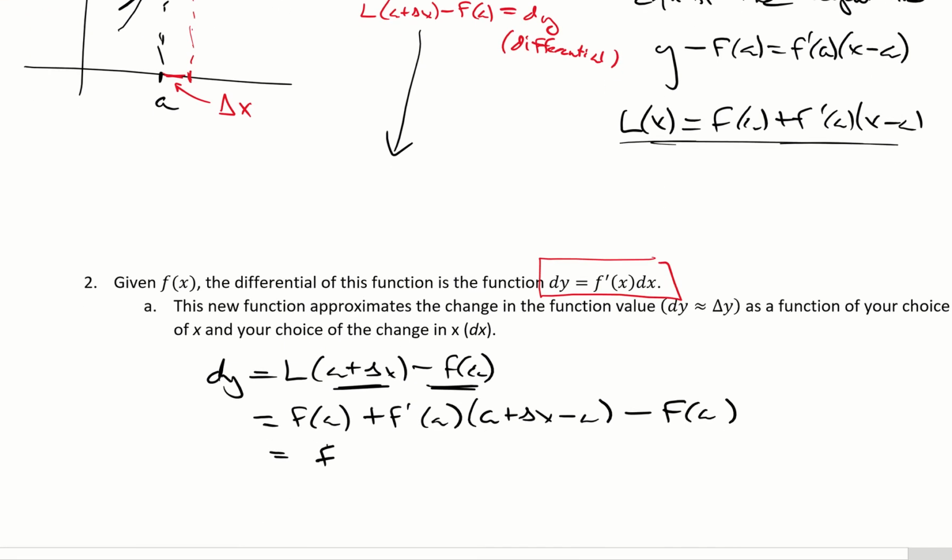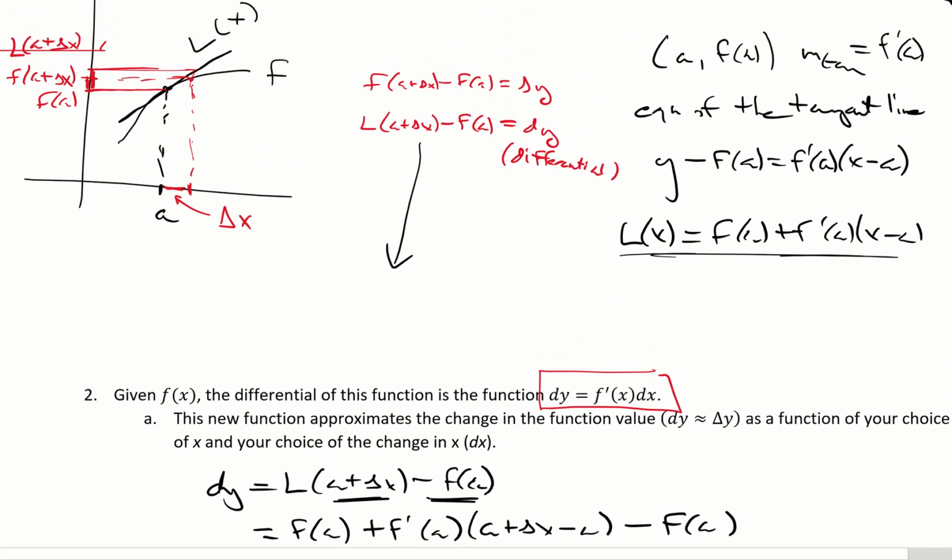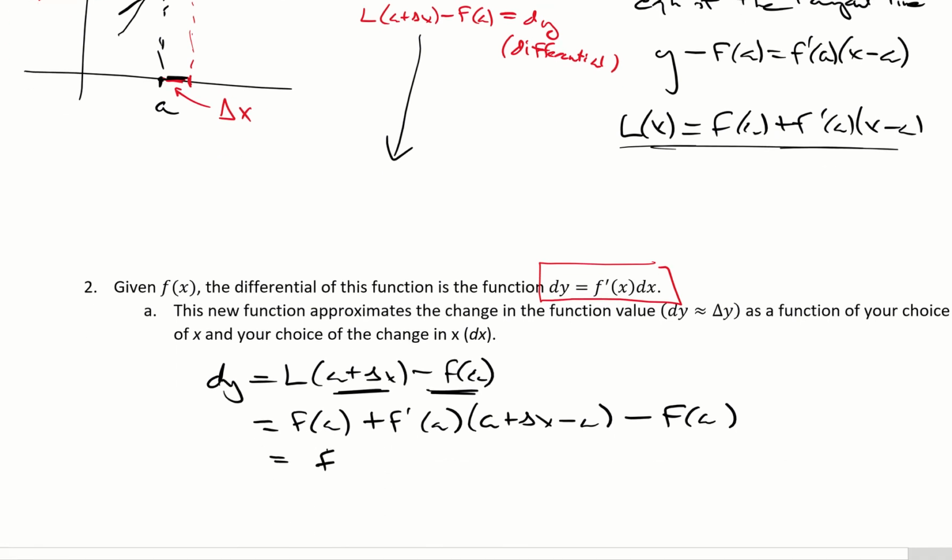Okay, we're trying to find the difference between the linearization value and the actual function value back at a. So in other words, the dynamic is this. If you start at a and you move a little bit with x, what happens to the function value? What happens to the linearization value? What we're looking at right now is the change in the linearization along the tangent line.